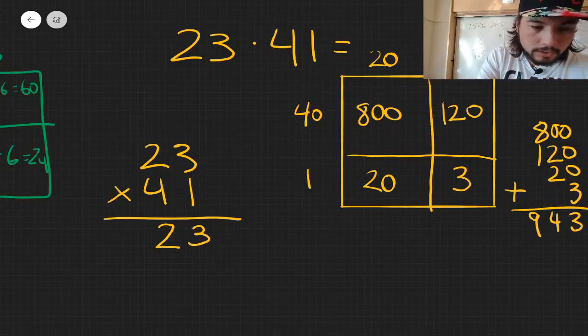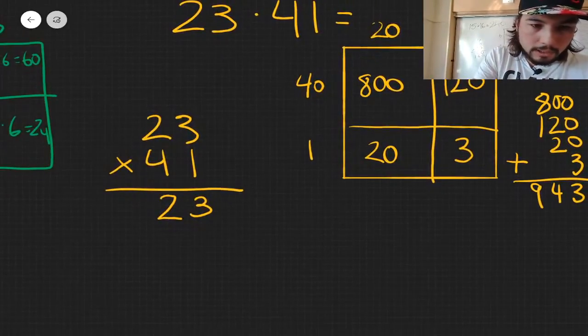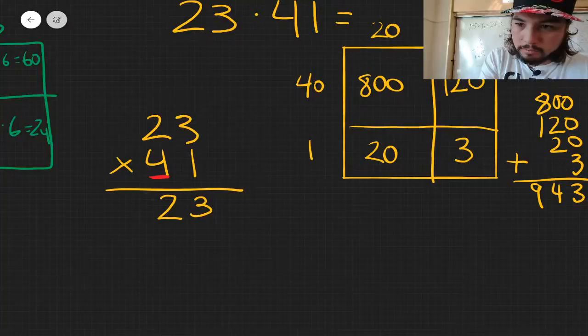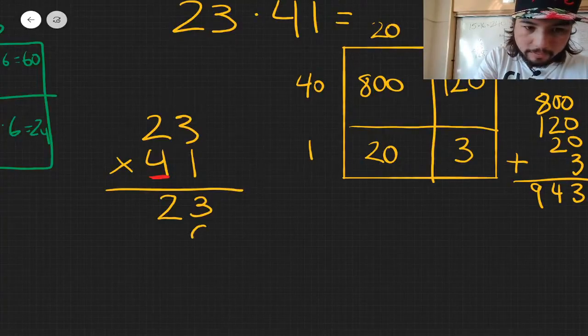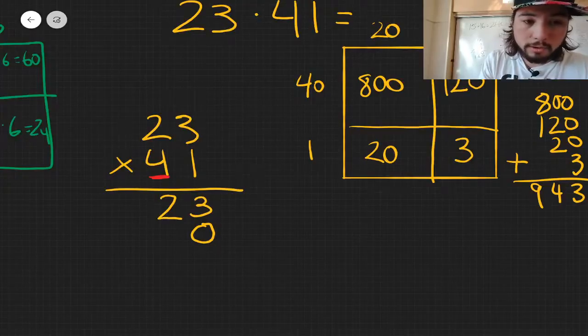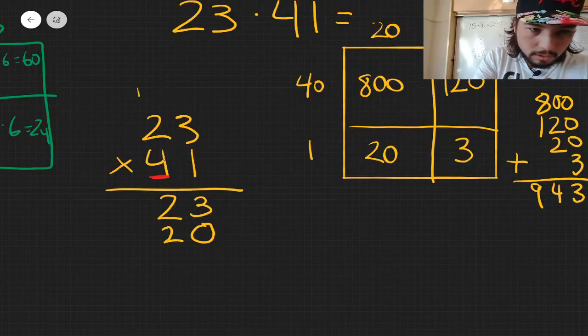And the one thing I always forget with this standard algorithm is that because I'm multiplying 4 tens, part of that shortcut is multiply everything by 10 and put my shortcut 0 there. So now I can just do 23 times 4, and my shortcut 0 is already in there. 4 times 3 is 12. 2 times 4, or 4 times 2 is 8, plus 1 is 9.